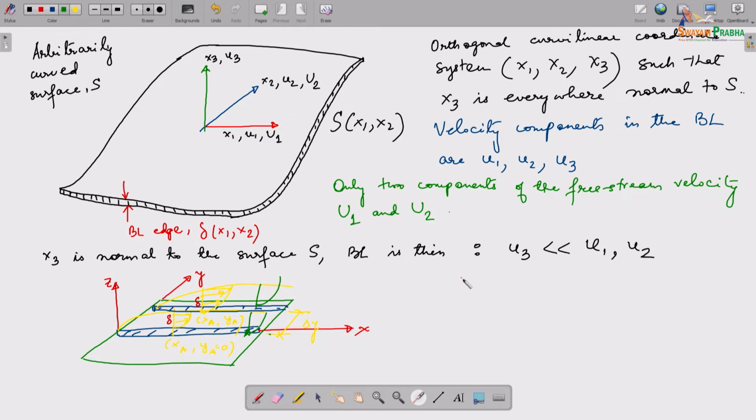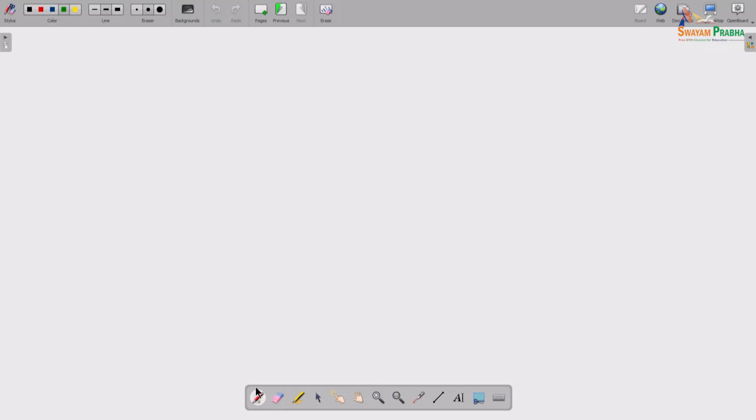Since the boundary layer is thin, u3, the component of velocity in the z direction or x3 direction, is much smaller than the other two. This is part of the assumptions that we make for this solution. So now let us go ahead and develop the relationships.